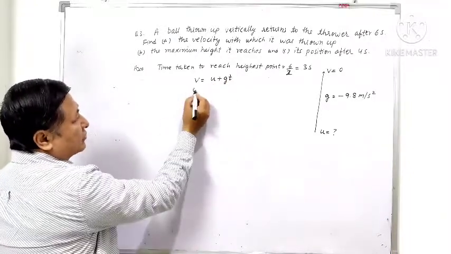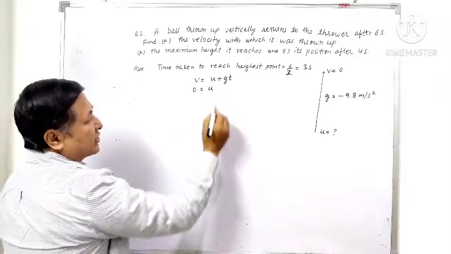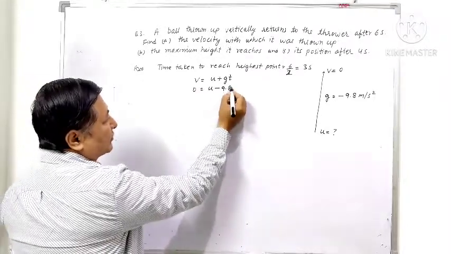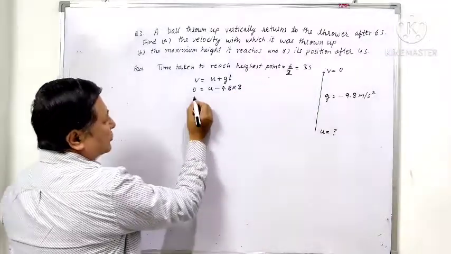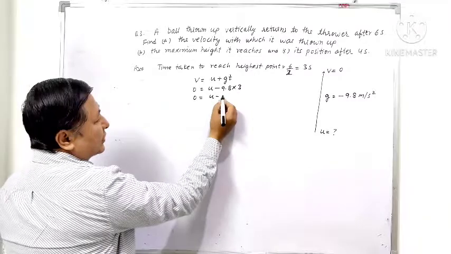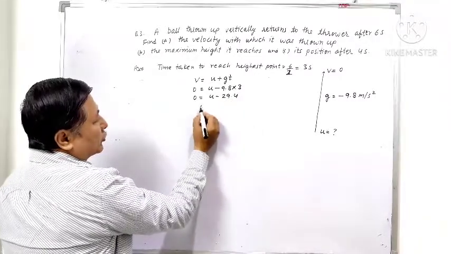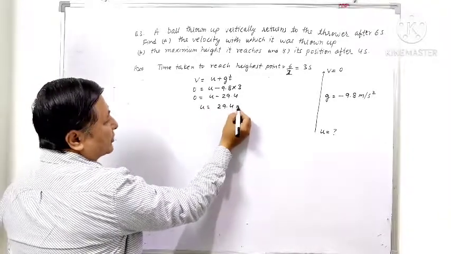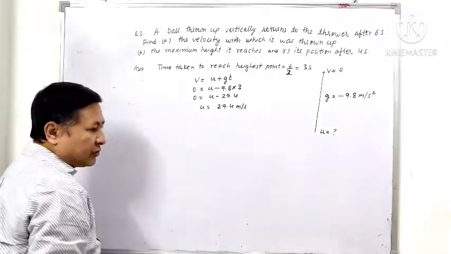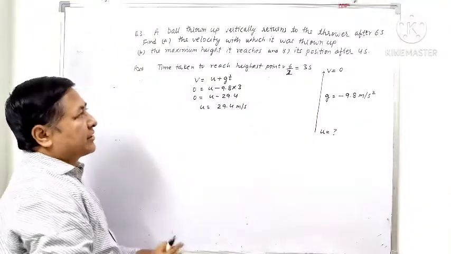Final velocity is 0, g is minus 9.8 and time is 3 seconds to reach the highest point. So 0 is equal to u minus 29.4, so u will be equal to 29.4 meter per second. So the initial velocity with which it was thrown up is 29.4 meter per second.